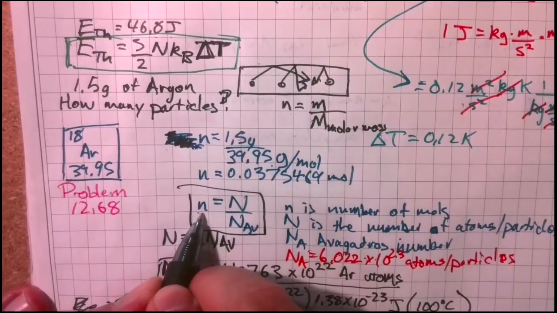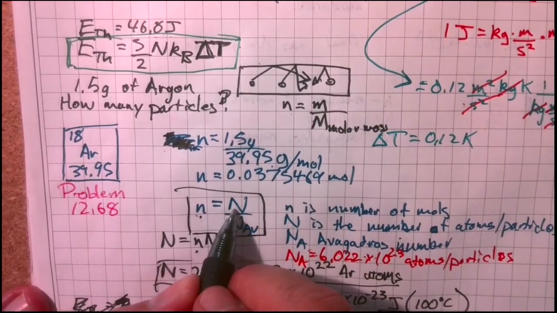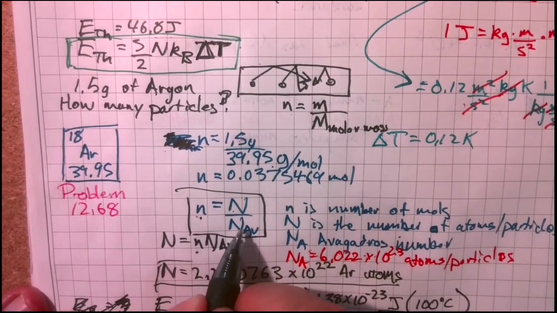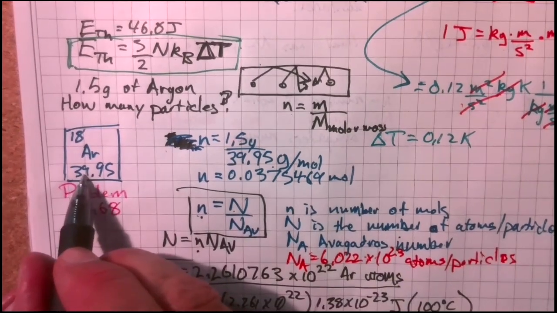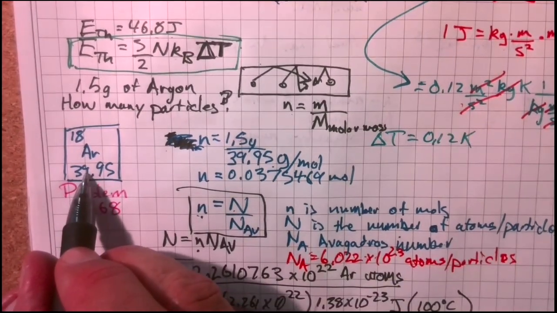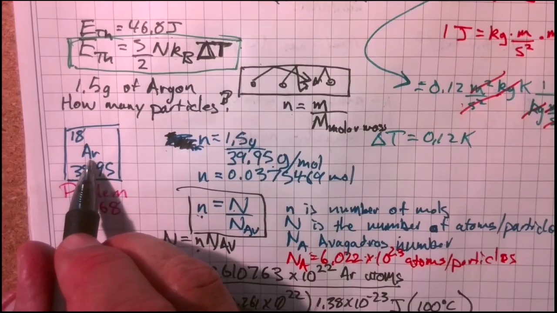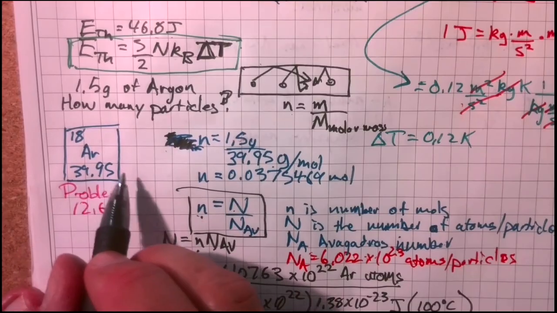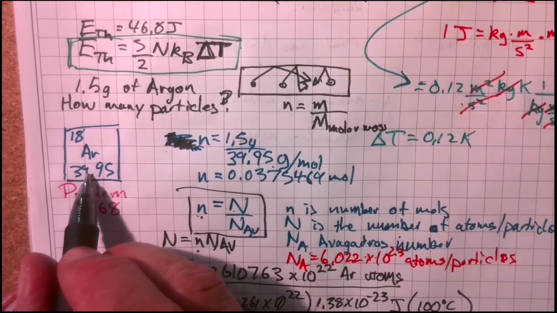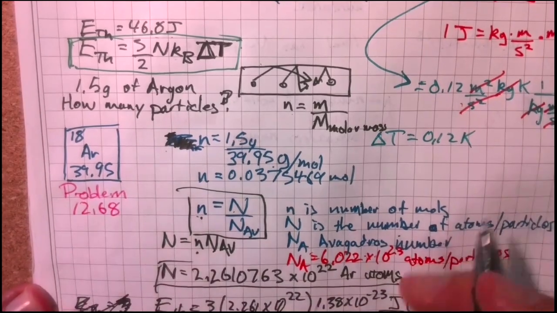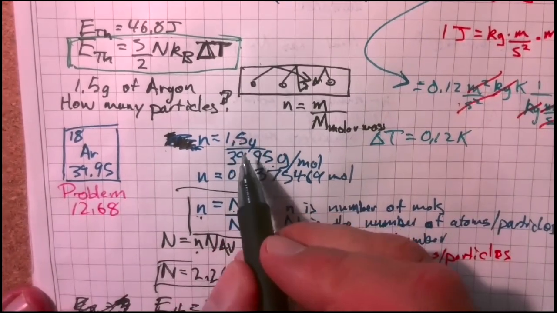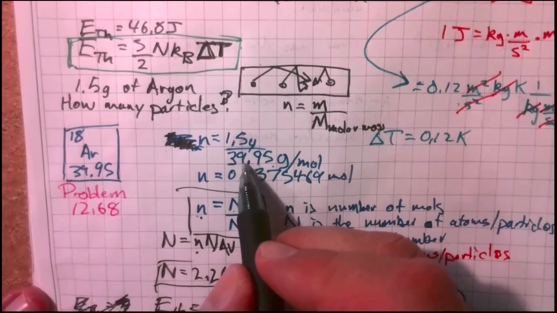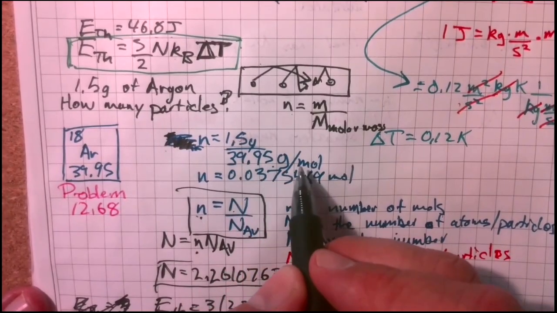The number of moles is equal to the number of particles divided by Avogadro's number. And this mass here on the periodic table is the mass in grams of this element per mole. So 1 mole of argon weighs 39.95 grams. So we said we have 1.5 grams of argon divided by the molar mass, 39.95 grams per mole.